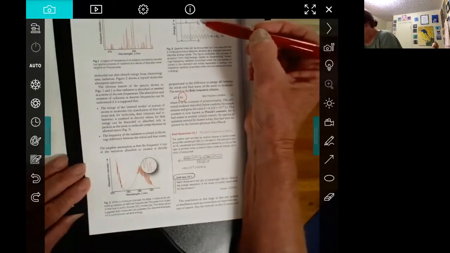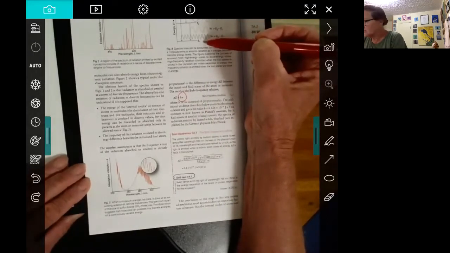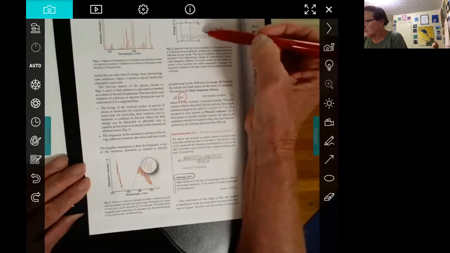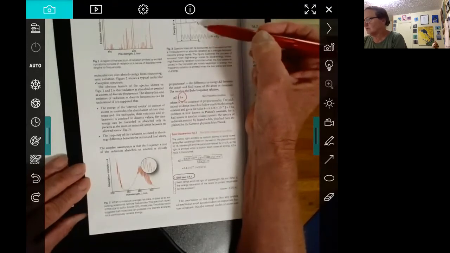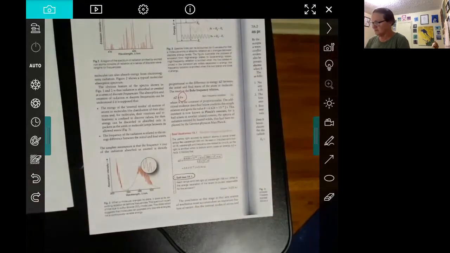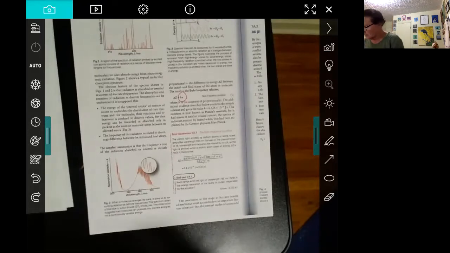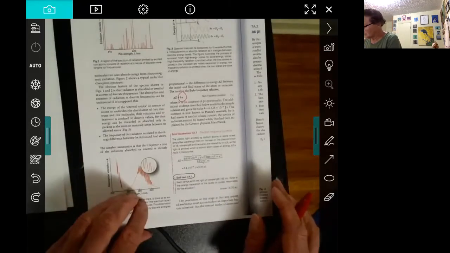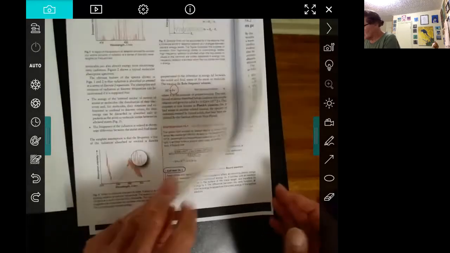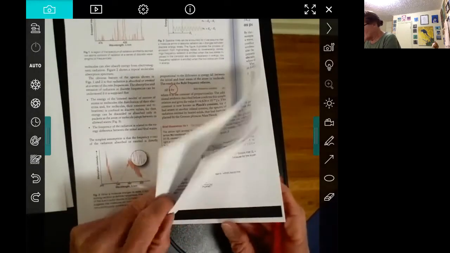So if you go from E2 down to E1 in this picture, you're going to give off a photon of energy that's equal to E2 minus E1's energy. So that's something that you've used in, well, I bet in every single chemistry class. Every single spectroscopy is based on the Bohr frequency condition.